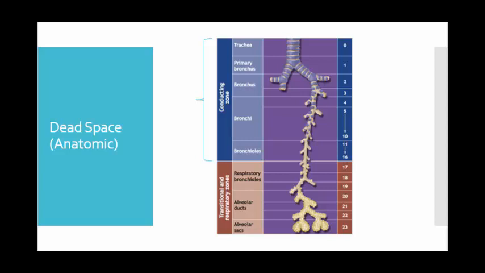If you subtract dead space volume of 150 milliliters from the resting tidal volume, we have about 350 milliliters that actually make it down into the respiratory zones, into the alveolar space. The rest is stuck in the conducting zone, and that's the first air that is actually breathed out again.